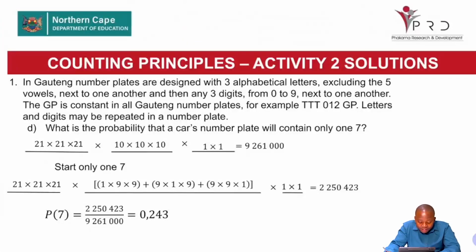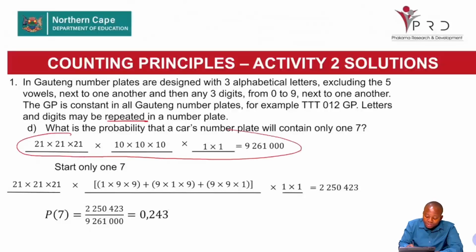Now let's look at number D. It says, what is the probability that a car's number plate will only contain 7? Interesting in this one. Remember, start with the total. Letters can be repeated, so select the total there. The alphabets are not affected. Then we look at this one.